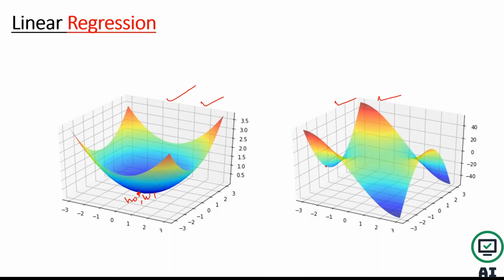In this video we are going to show that the error function whatever we have spoken about is a convex function, and in the next video we are going to see what the stationary point of this function is. So in this video we will prove that the error function or loss function is a convex function, and in the next video we will try to find the stationary point, which is nothing but W0 and W1.